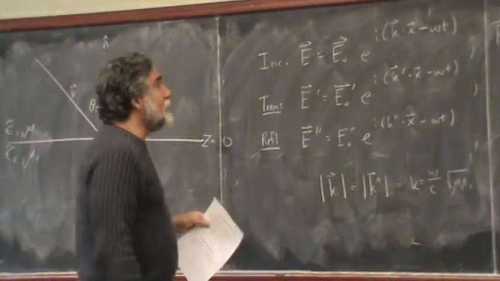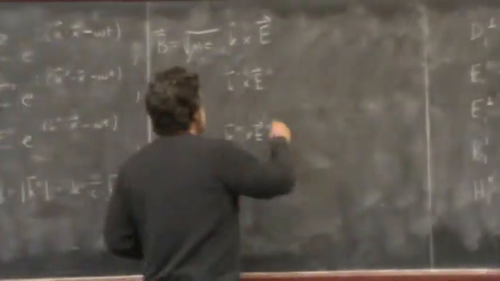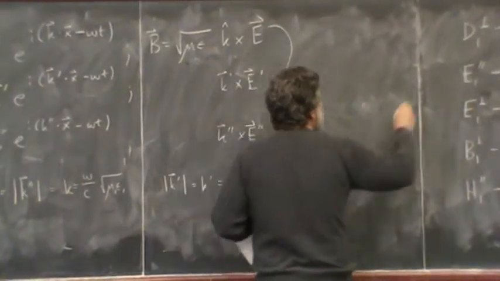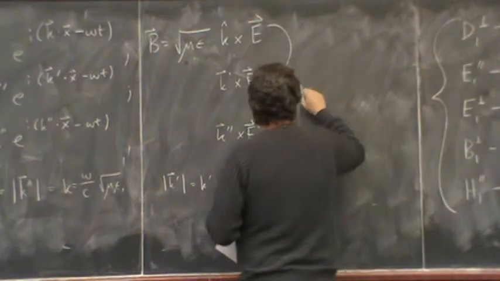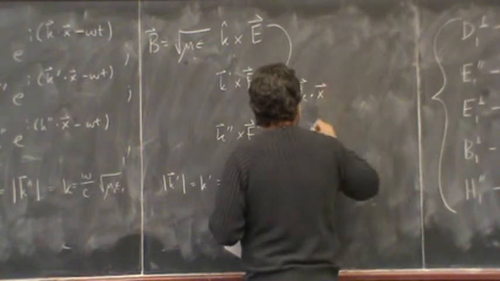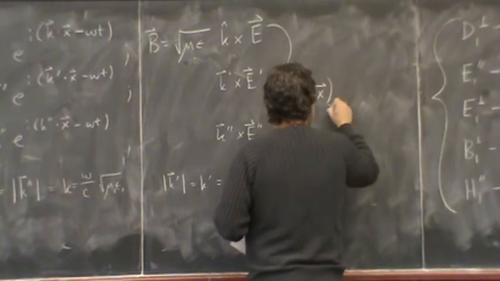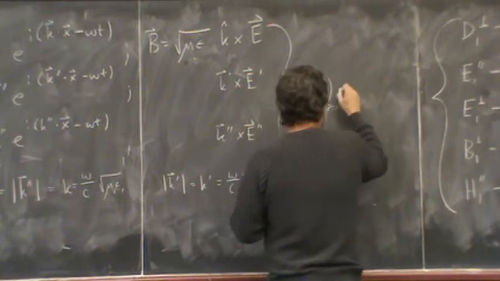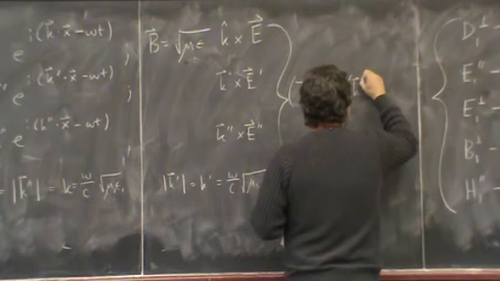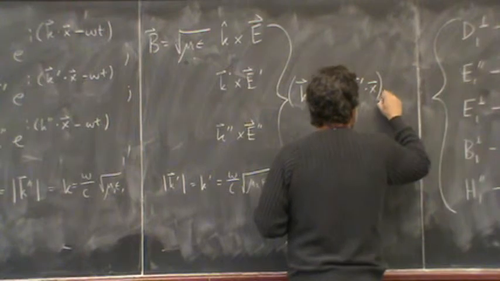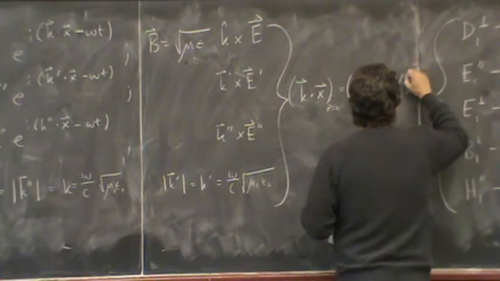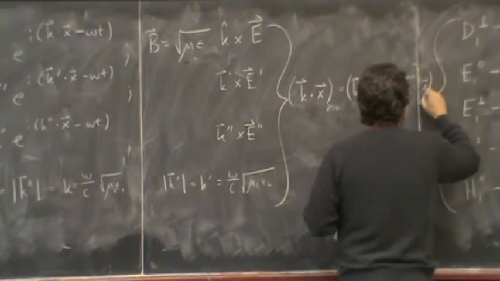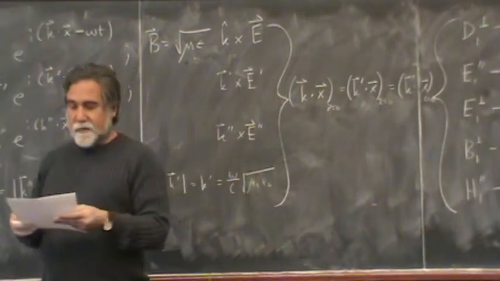What that demands, satisfying those boundary conditions with these waves, is that k dot x at z equals 0 must be equal to k prime dot x at z equals 0, which must be equal to k double prime dot x at z equals 0. All the phases are the same.